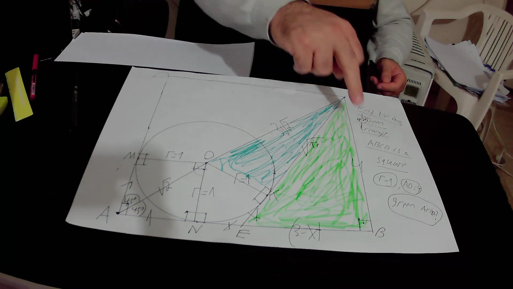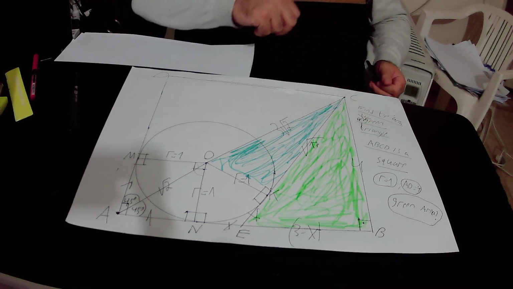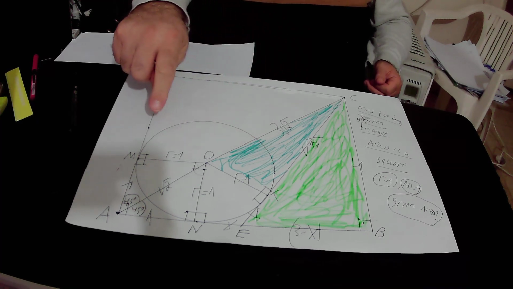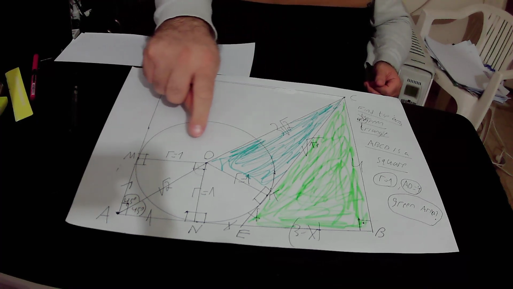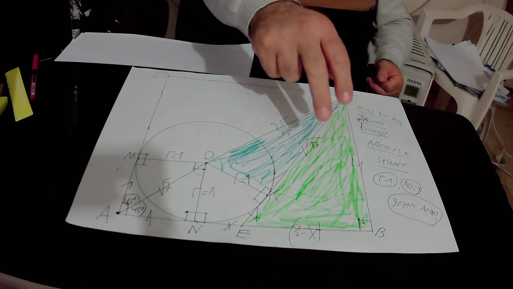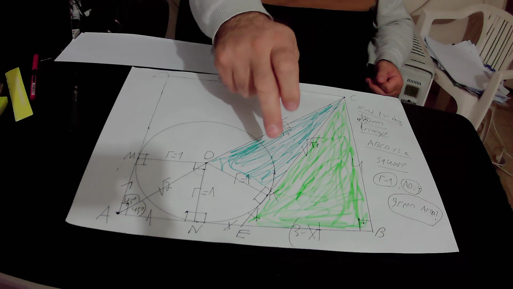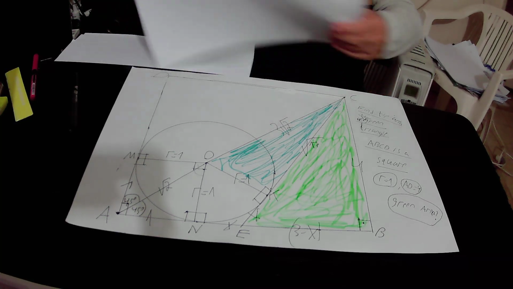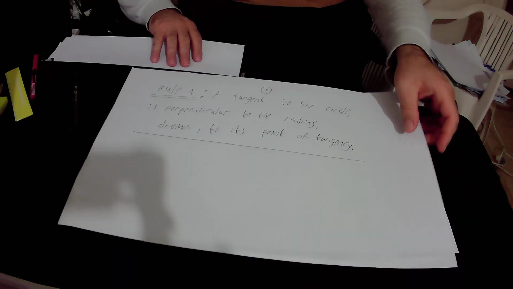One side of square ABCD equals 4 units. Inside this square we have a circle. The radius of this circle equals 1 unit. And we want to find out the area of the green triangle, triangle EBC.